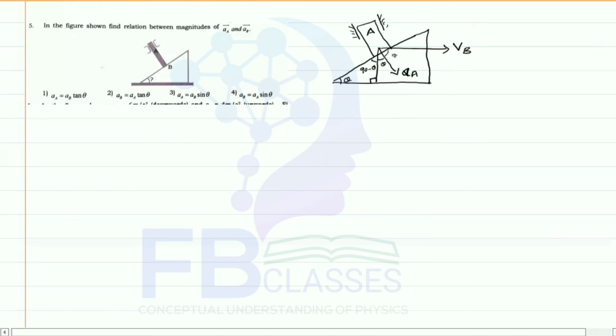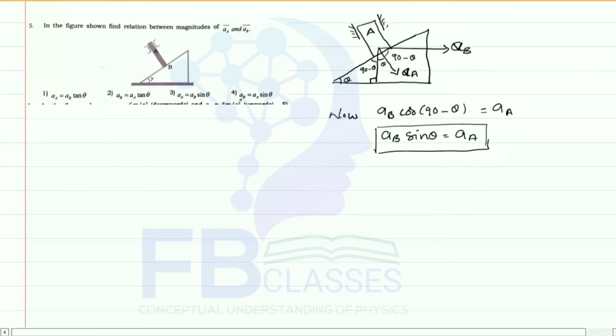Now what is here? It is 90 minus theta. See here, one of the components of AB, which component? AB cos 90 minus theta is along with AA. Yes or no? So both are equal. So that's why I can write AB sin theta is equal to AA, since cos 90 minus theta is equal to sin theta. So our third option is the correct option.